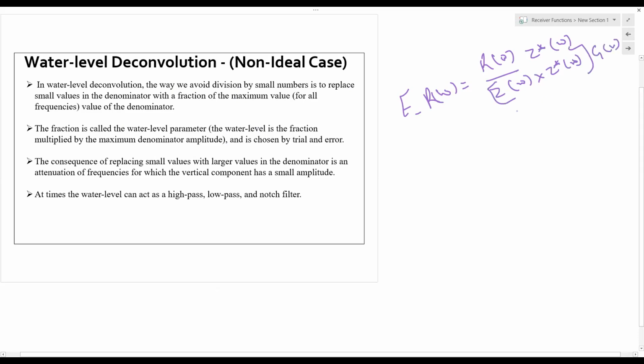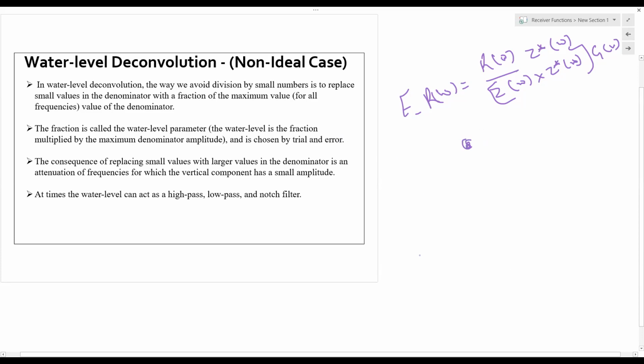Then you will have to multiply this denominator by the fraction of the maximum value, so that you can replace the frequencies that have a smaller or zero amplitude by some bigger number, or you may actually remove those frequencies completely. That particular fraction is chosen by trial and error.